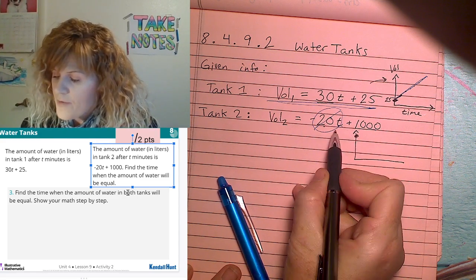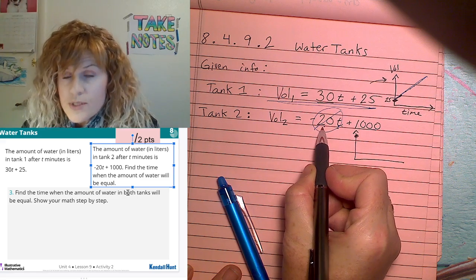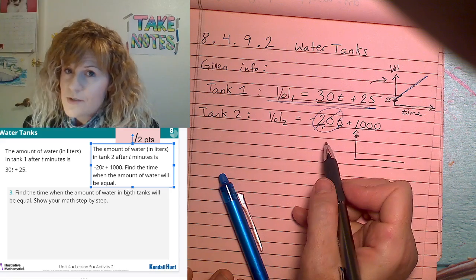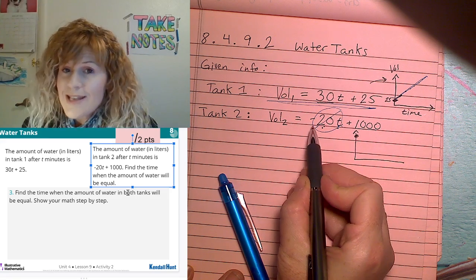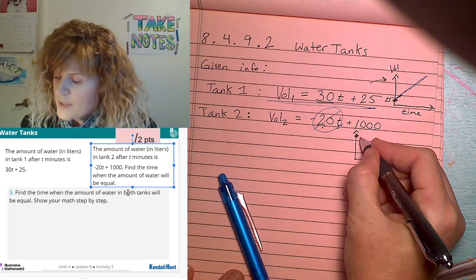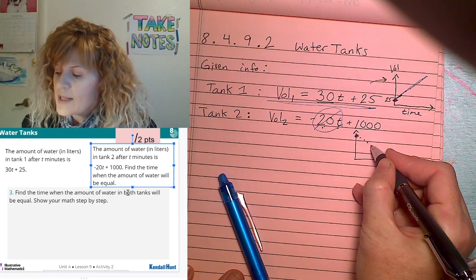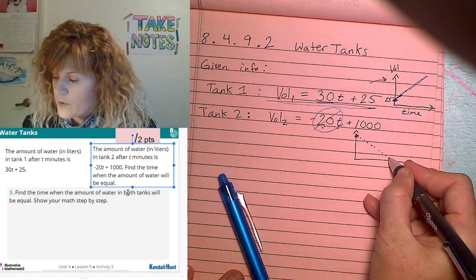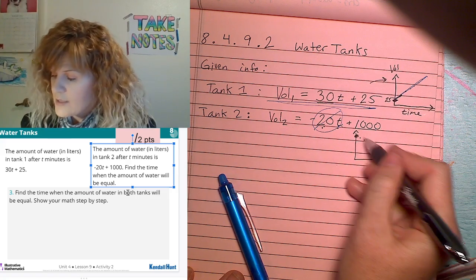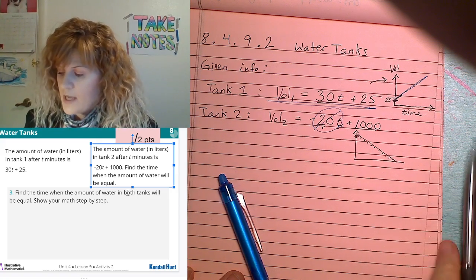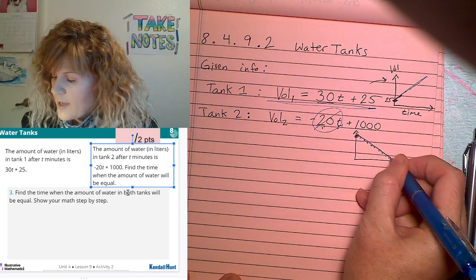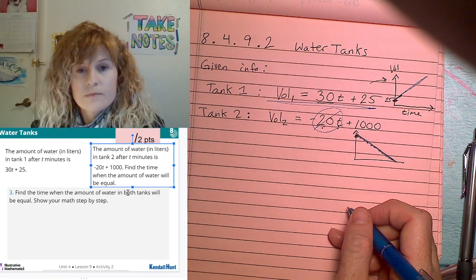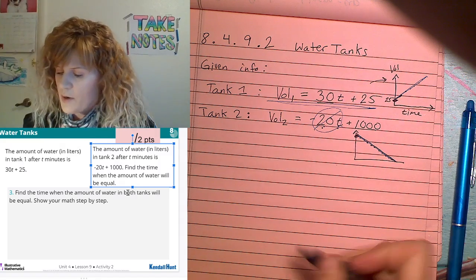And then every minute we lose 20 liters of volume. I know that it's losing 20 liters because it's negative. So every minute that passes, 20 liters of water leaves the tank. It drains out or leaks out until we have no more water left in the tank. I know all of that just from what I learned in Unit 3. Okay, let's keep going though.